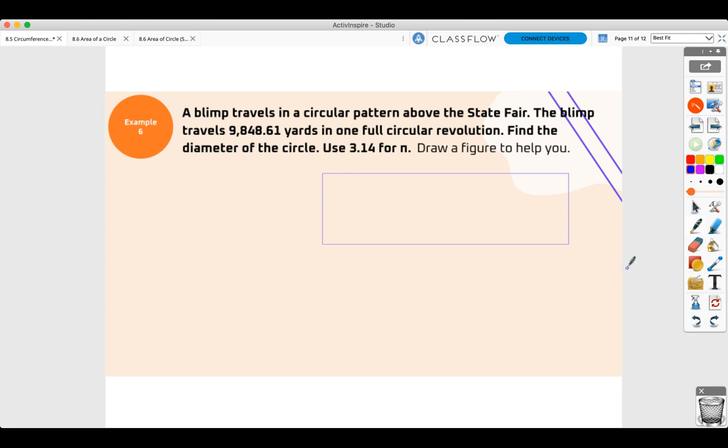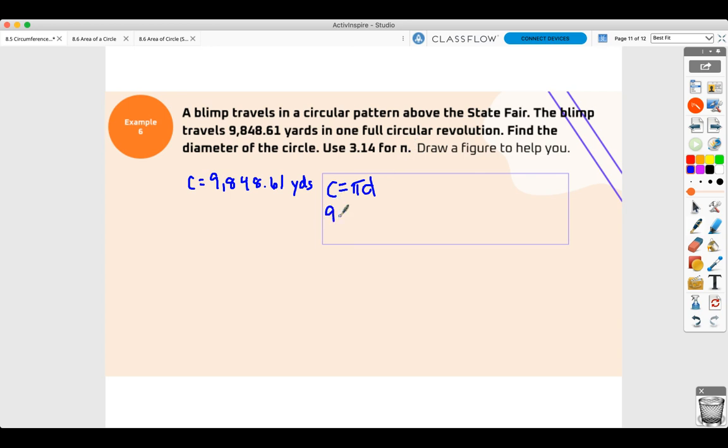All right, a blimp travels in a circular pattern above the state fair. The blimp travels 9,848.61 yards in one full circle. Find the diameter of the circle. So we know that the circumference is 9,848.61 yards. Okay, so C is equal to pi d. You're more than welcome to use the other one, but this formula exists, and why not use it?